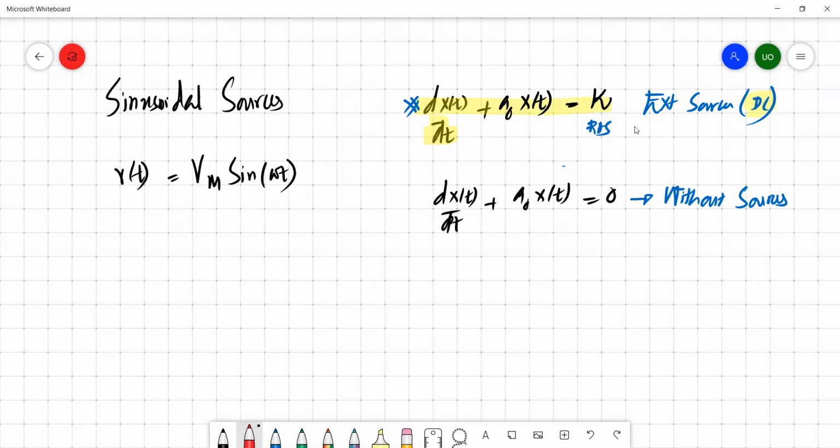Then what happens if you plug in a source like this? It's an AC source. So what happens actually?